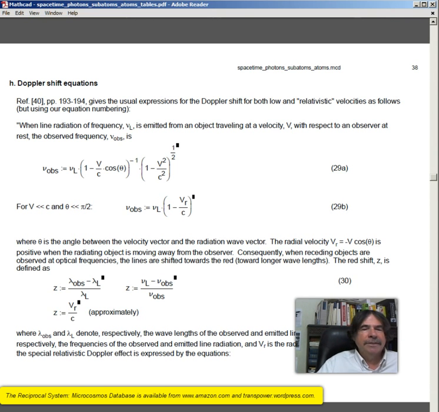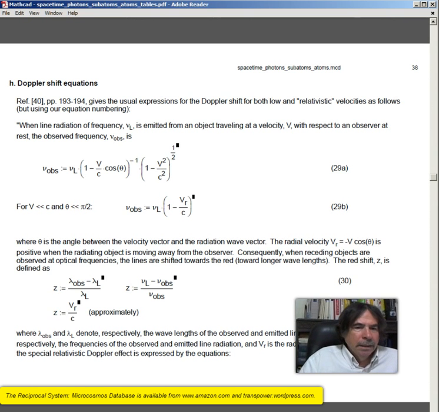The redshift z is defined as z equals lambda observed minus lambda sub L divided by lambda sub L, or nu sub L minus nu observed divided by nu observed, and approximately v sub r over c, where lambda observed and lambda L denote respectively the wavelengths of the observed and emitted line radiation, nu observed and nu L, respectively, the frequencies of the observed and emitted line radiation, and of course, v sub r the radial velocity.